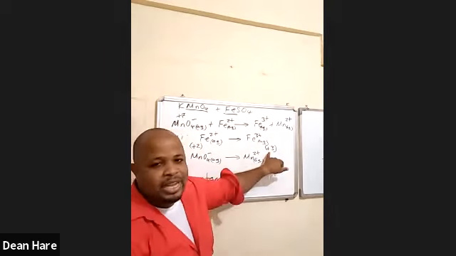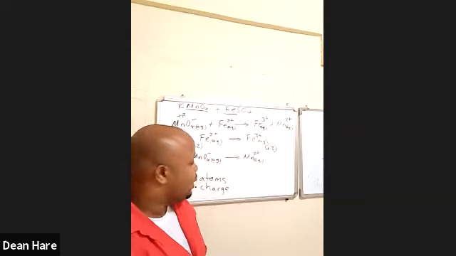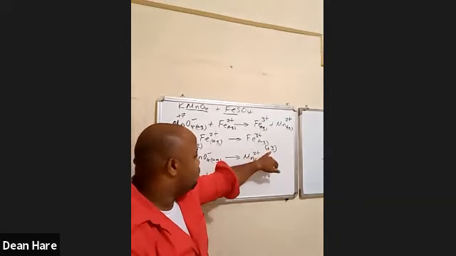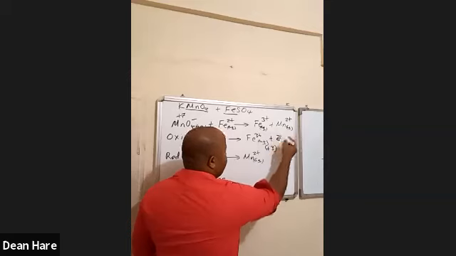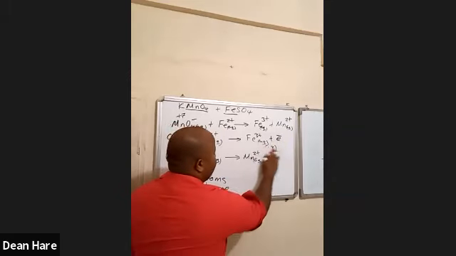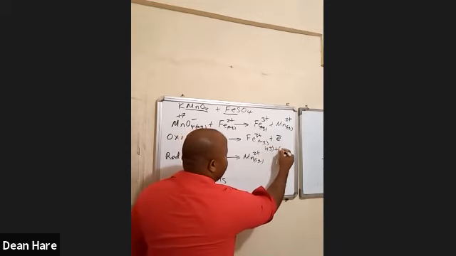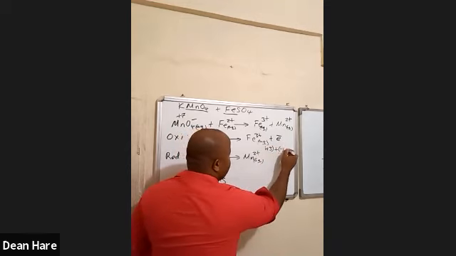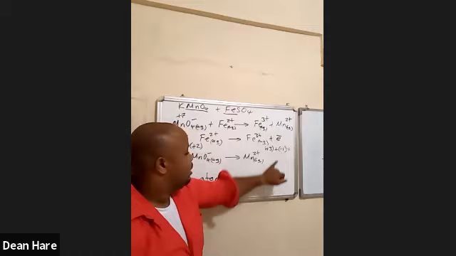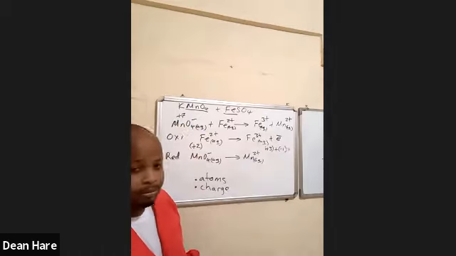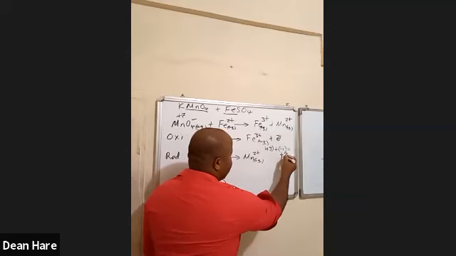So how many negative charges do we need to bring +3 down to +2? One. One electron. That is why we would have one electron here, because +3 plus -1 is equal to what? +2, correct.